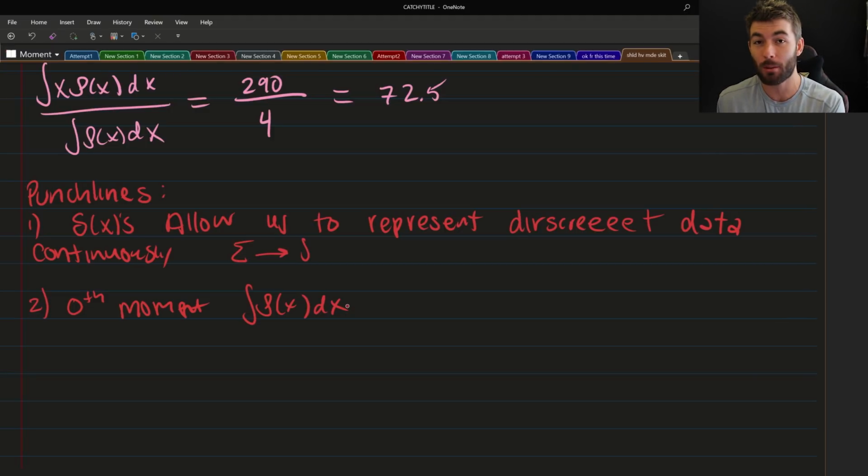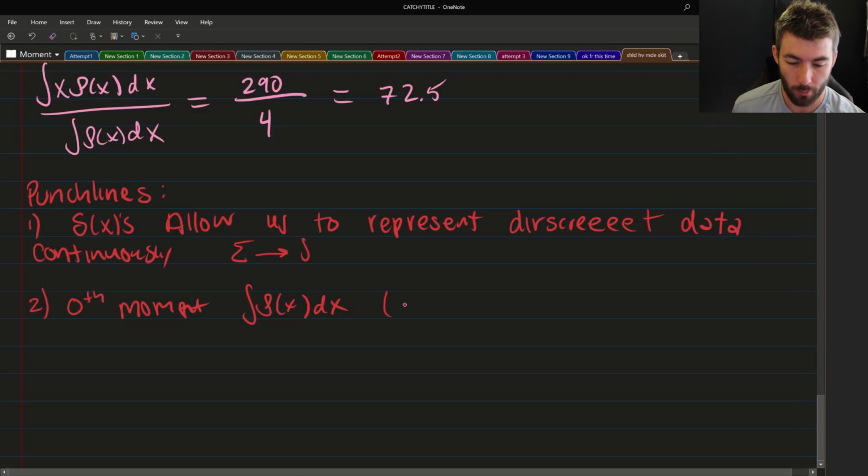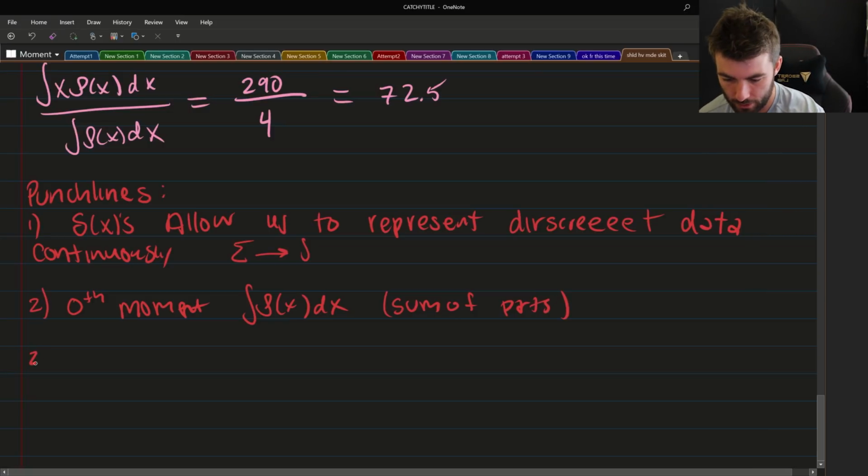You can't interpret the moments if you can't interpret the distribution. That's why the first case gave us n as a sum of parts, and the second case gave us 1, and we had to know what the distribution meant before we understood what that was telling us. But unnormalized, it represents a sum of parts. I'm going to keep saying that.